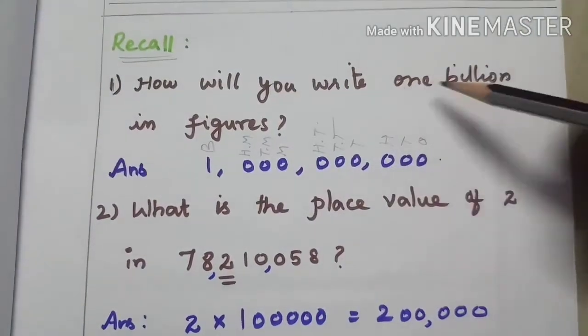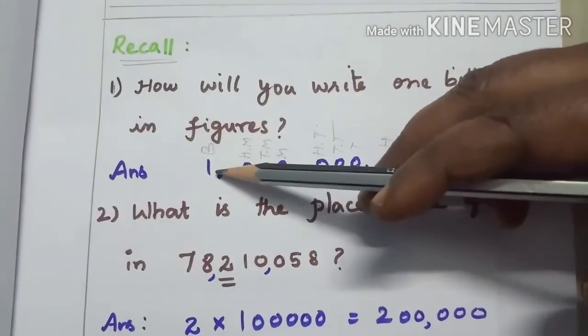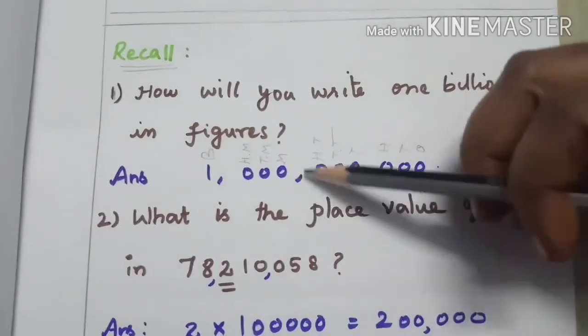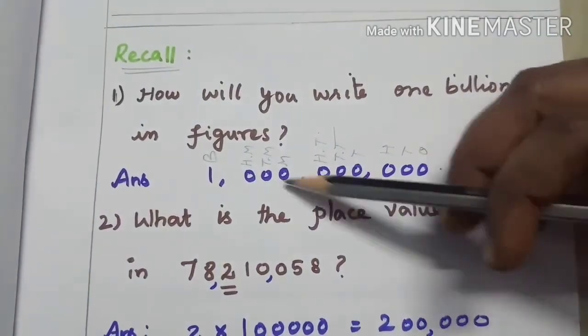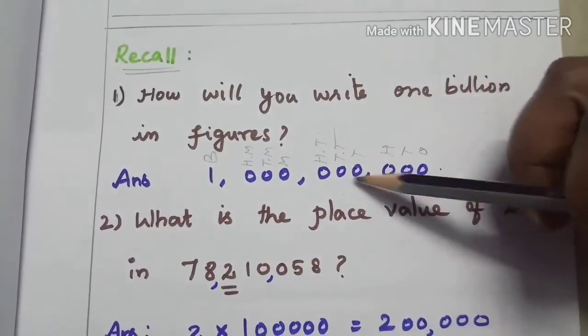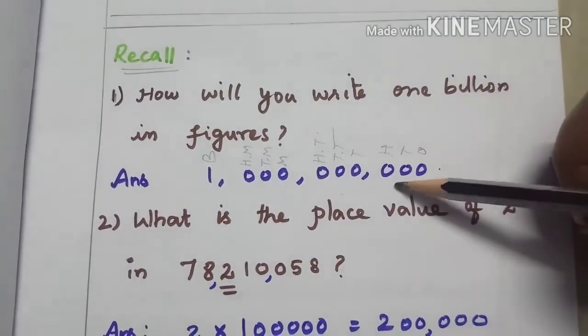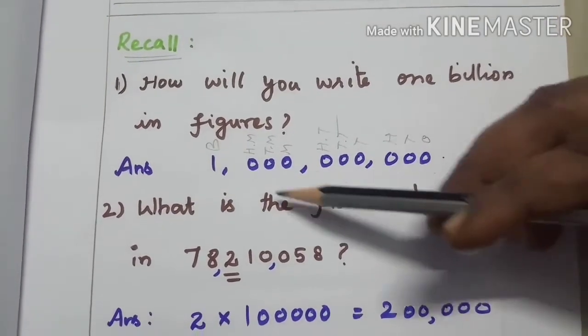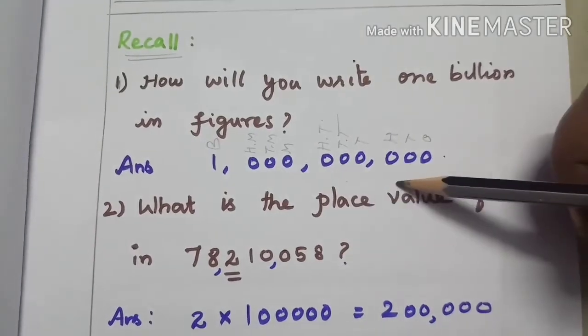See, 1 billion. In the billion place we put 1, and in the rest of the places we put 0, 0, 0 in the million place, 0, 0, 0 in the thousands, and 0, 0, 0 in the units place. So we can write 1 billion like this.